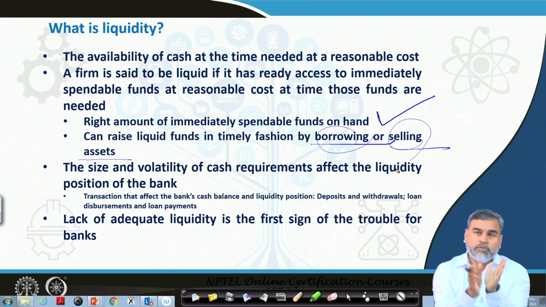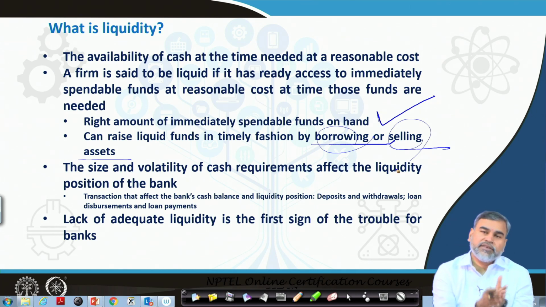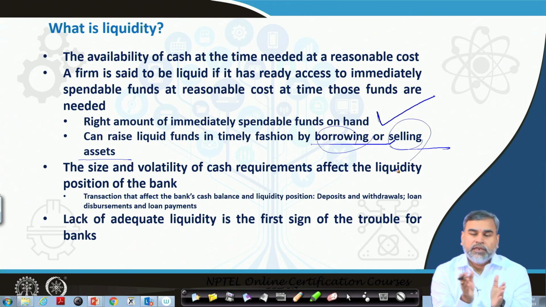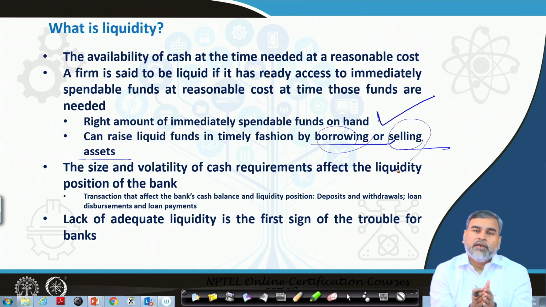Because, let us say you are talking about a bank, if you are taking deposits from the depositors, at the time of withdrawal of the money by the depositors, you should have the money available with you. For example, if the money is not immediately available with you, then you have to borrow this money from the interbank lending market or some other places. Then your borrowing cost should not be higher than the revenue you are generating against those deposits.